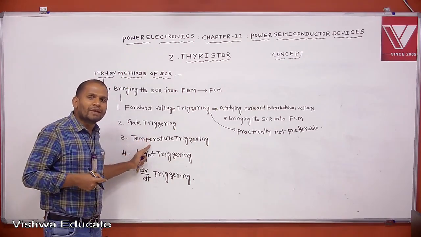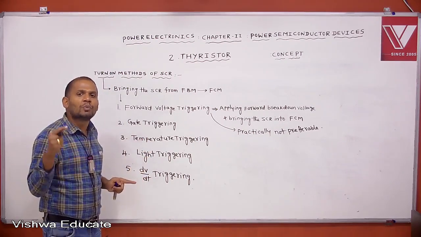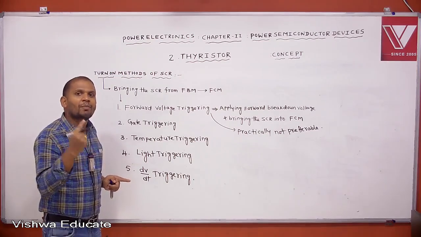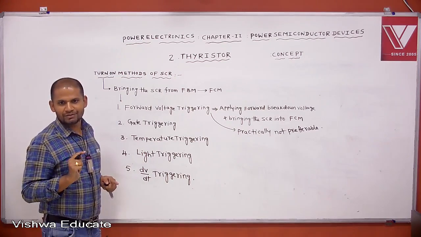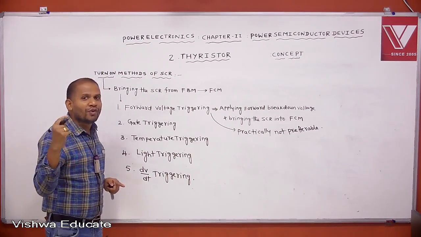Not only these two methods, but by using the two transistor analysis I can also prove that within the SCR a positive feedback action takes place. I told already, SCR is a positive feedback device.